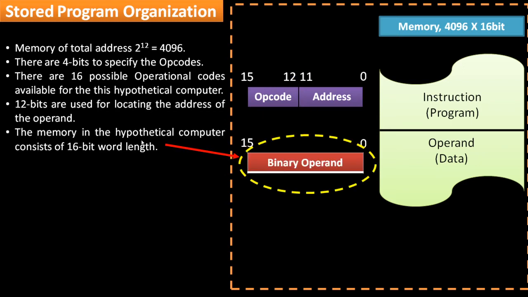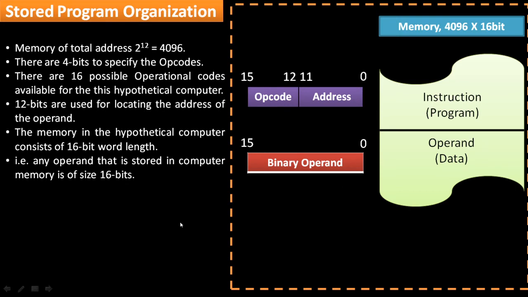The memory of the hypothetical computer consists of a 16-bit word length, so any data stored in the memory, any operand, has a total width of 16 bits.